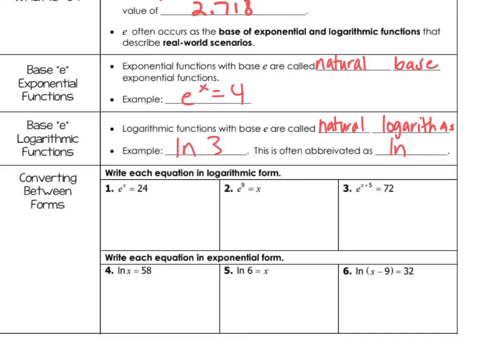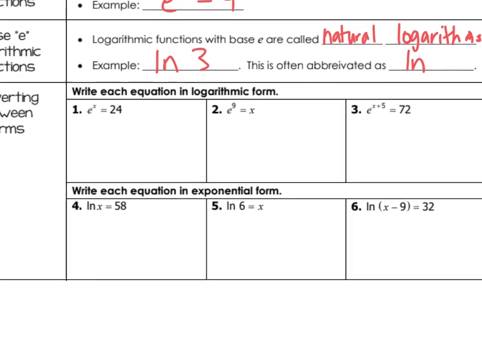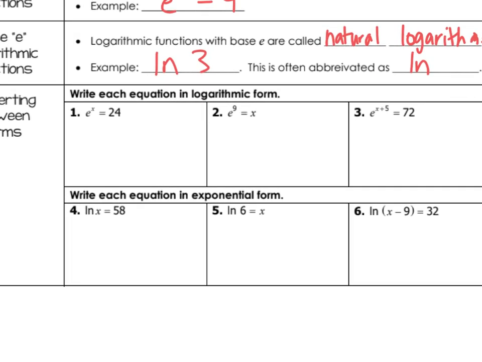So, last but not least, we got these 6 problems. I'm going to do 1 and 4 for you, and now you're going to do the rest. So just converting back and forth between these 2 forms. On the first one, how we would rewrite this: natural log of 24 equals x. It's very similar to the regular logarithms that we did.